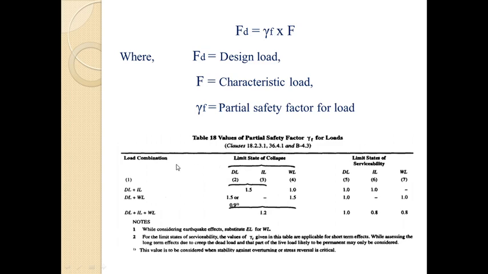Here we can see the various load combinations, that is dead load plus live load or imposed load, dead load plus wind load, dead load plus live load plus wind load, and the various partial safety factors for limit state of collapse and limit state of serviceability. For dead load plus live load, in limit state of collapse this value is 1.5, that is gamma f is 1.5, and for wind load it is 1.